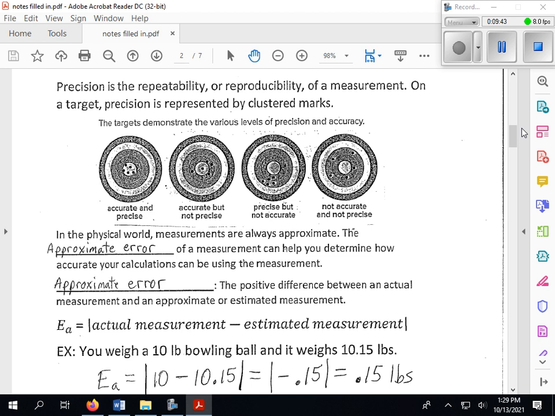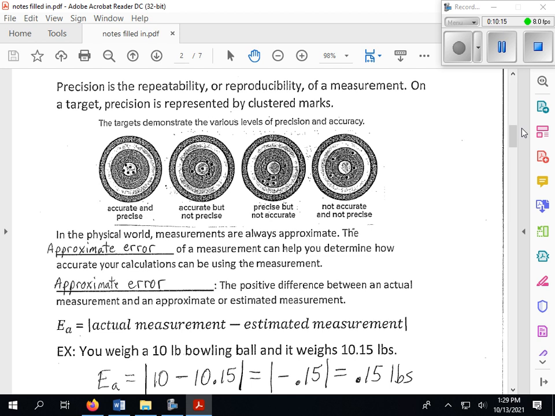So it's accurate, you're hitting your spot, but it's not real precise. Next one says precise but not accurate. Well, what's happening here? They're all in the same spot right there, but did we hit the spot that we wanted to hit? So we're not very accurate. And then the last one, what's happening there? They're spread all over the place. So we're not real accurate and we're not real precise.